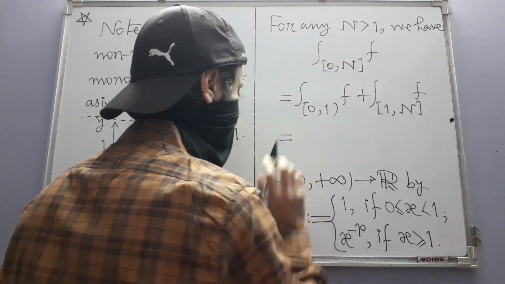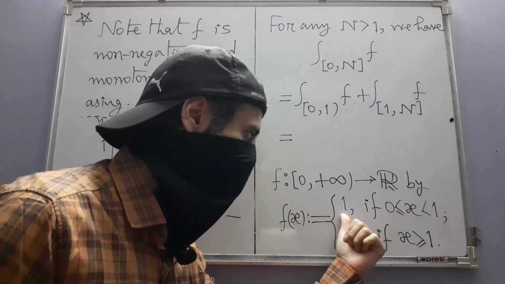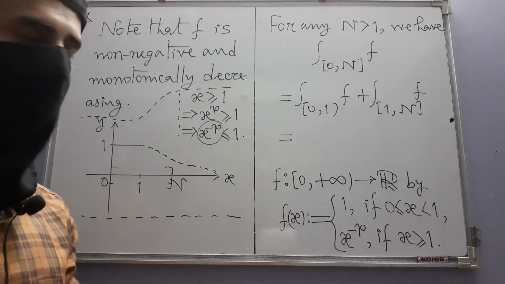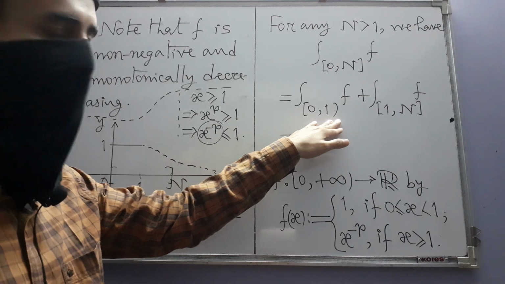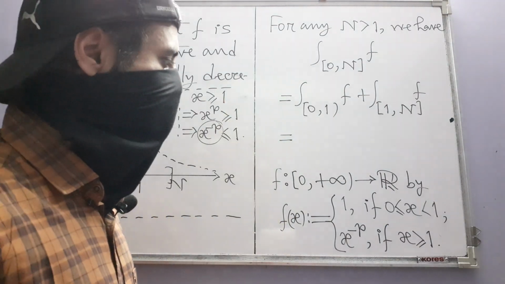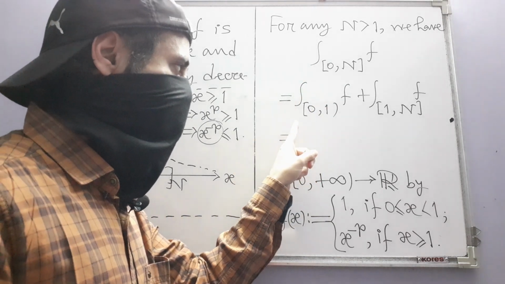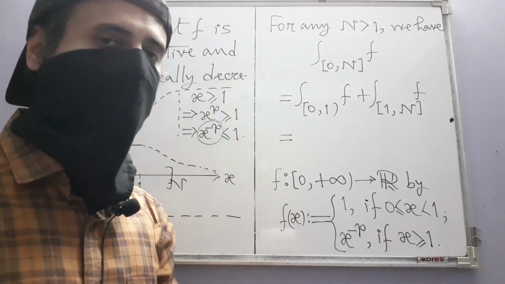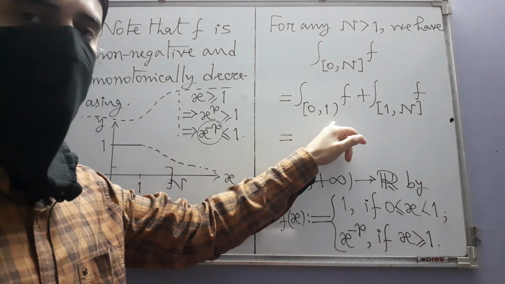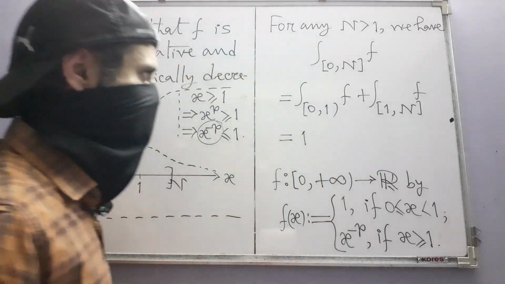Alright. Now between 0 and 1, what is the value? 1. That means on this interval the function is constantly 1. So the integral will have the value of that constant times the length of the interval. What is the length? Length is also 1. So that means this first integral is 1.